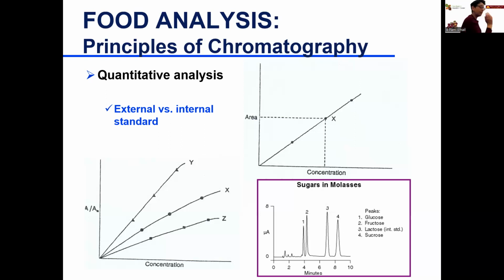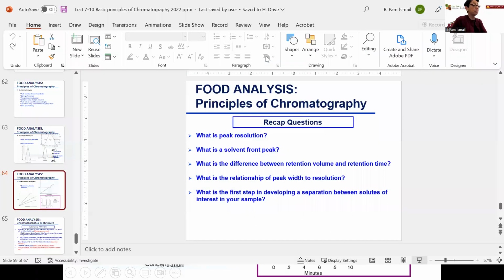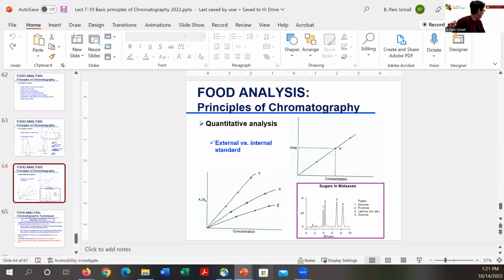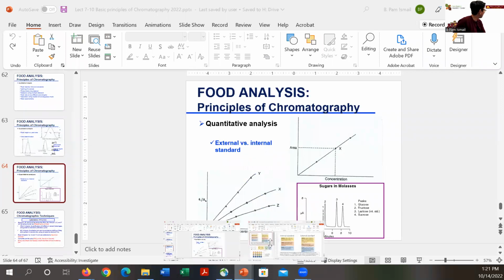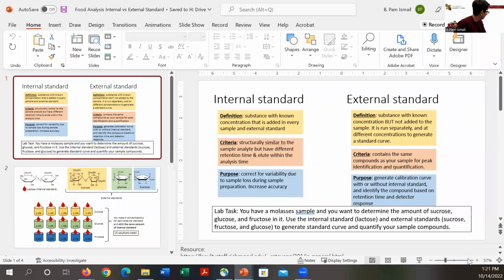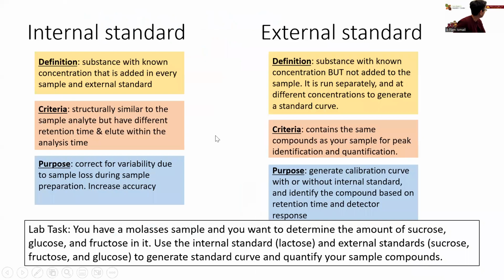I want to visually show you. I asked one of my TAs last year to put some illustrations together. For the internal standard definition, if you want to take pictures, you can, or else I will post this on Canvas. An internal standard is a substance with known concentration.